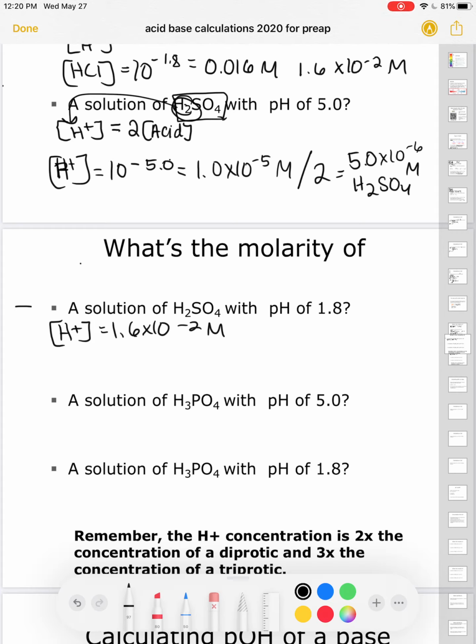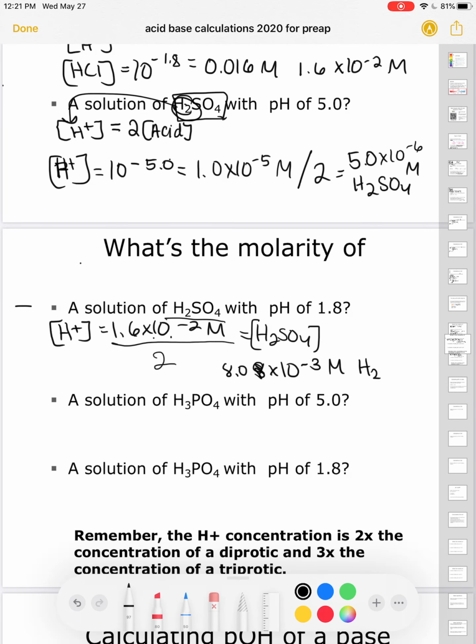But remember, because this is a diprotic acid, I need to divide this by 2 to get my H2SO4 concentration. And that gets me 8.0 times 10 to the negative 3 molar. That's my sulfuric acid H2SO4 concentration. Okay, it gets tricky when you have these mono, di, and triprotic acids.